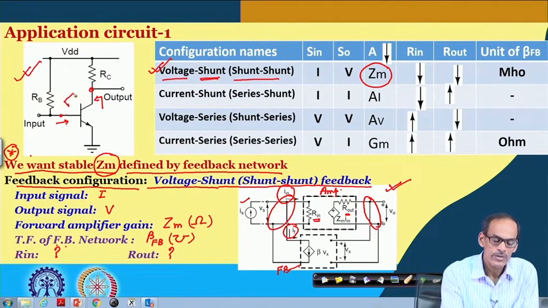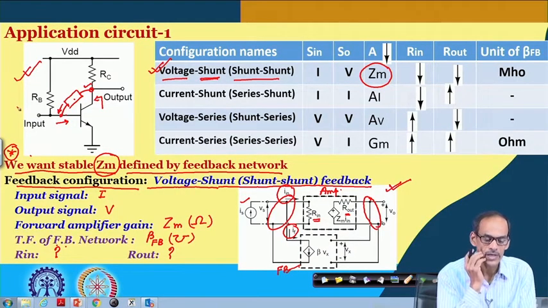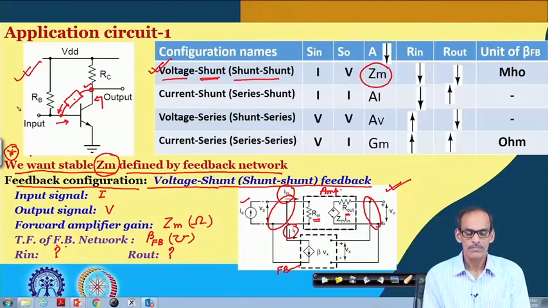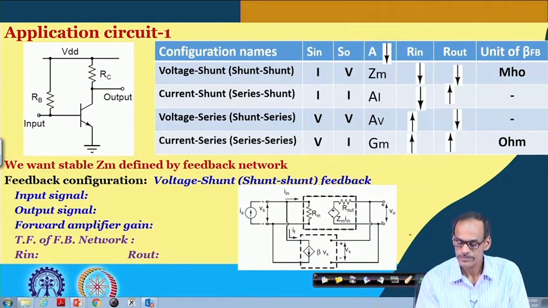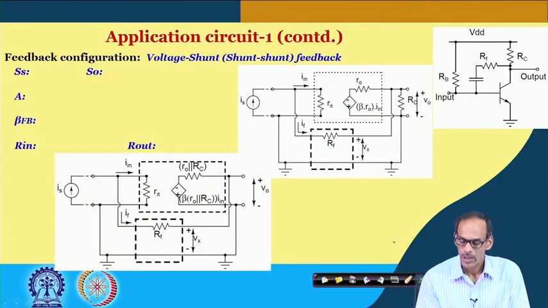Probably we can make a bridging element from output to input, and this unit is supposed to sense this voltage at the output, and it is supposed to produce the current at the input port. So, in the next slide we are going to have the corresponding circuit.